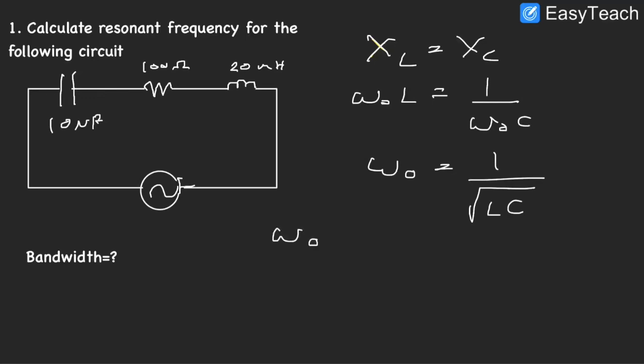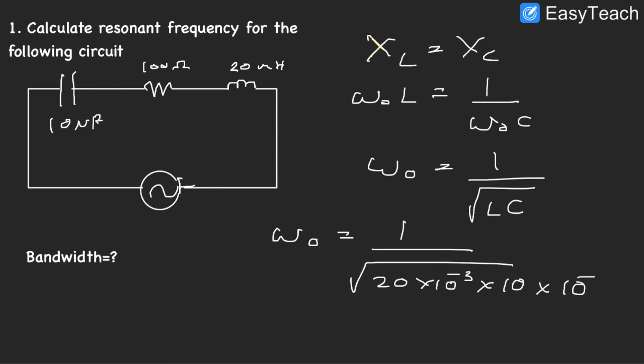So omega naught is 1 over square root of, my L is 20 millihenry, so that's 20 into 10 power minus 3, and my capacitor value is 10 microfarad, into 10 power minus 6. On solving this, my angular frequency is going to be 2236 radians per second.